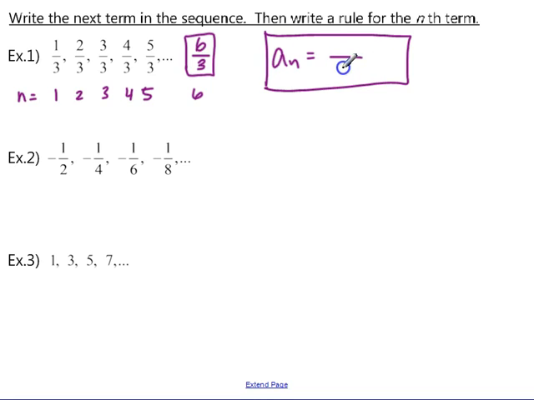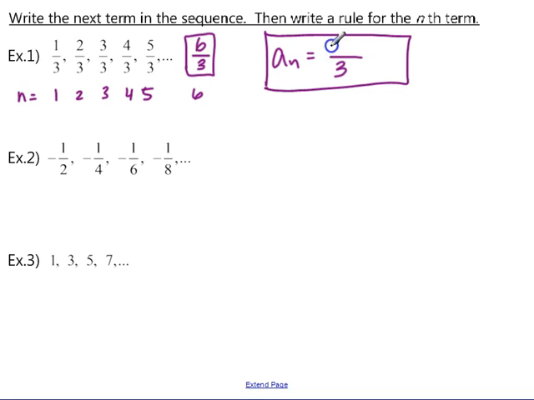Now, when we're trying to figure out our formula for the nth term, we know it's going to be a fraction, and again, we know the denominator is going to be 3. So we just have to figure out how to write the numerator in terms of n. So if our first term has a numerator of 1, our second term has a numerator of 2, it follows in that pattern where our term number is the same as our numerator.